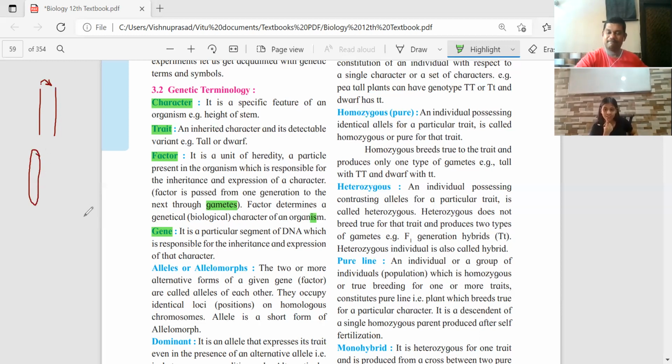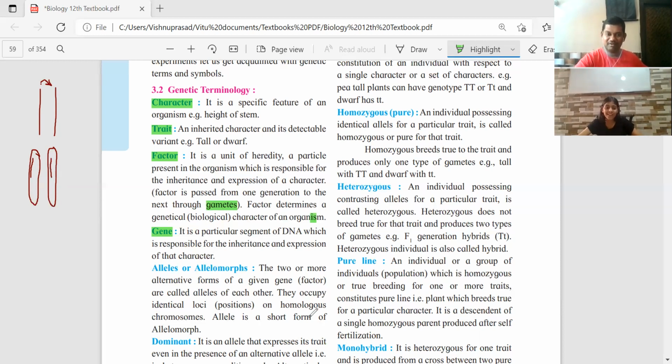So if there are two such chromosomes which are homologous, that means they are carrying the same genes. We are having a diploid, a double set. So one maternal chromosome, one paternal chromosome, right? So suppose there is a gene on the maternal chromosome at this location. So in the corresponding paternal chromosome, the same gene would be there in the same location.